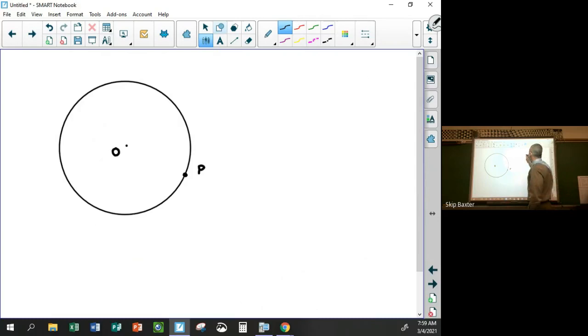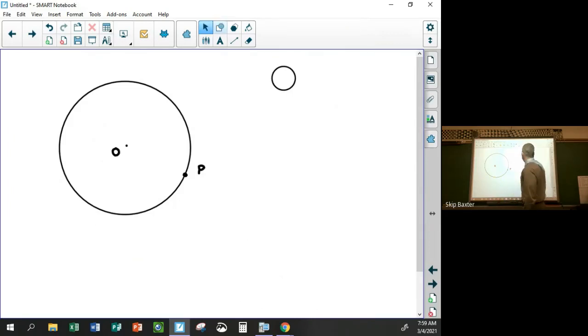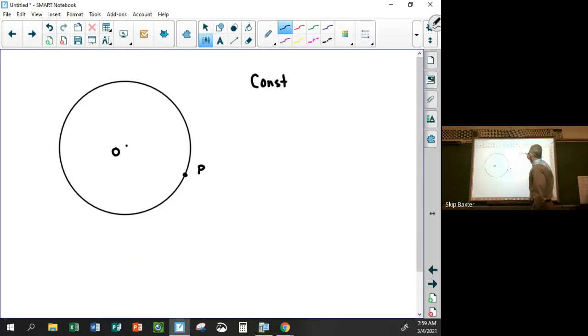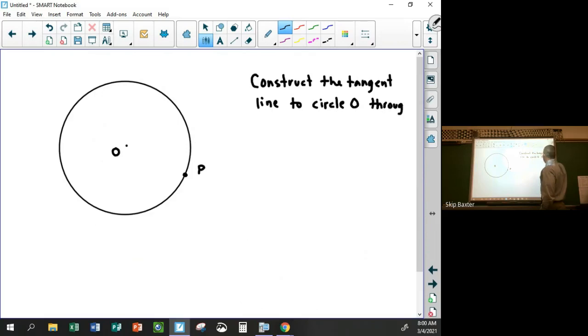And the directions would say, construct the tangent line to circle O through point P. So remember, when they say circle O, that means O is the center of the circle, right?